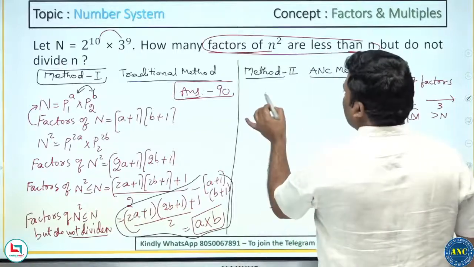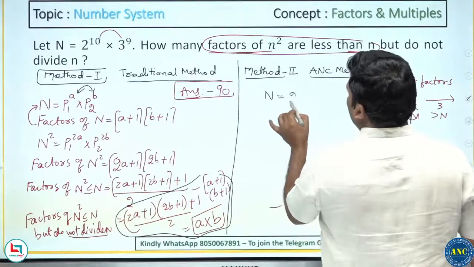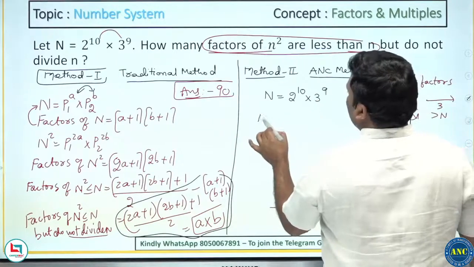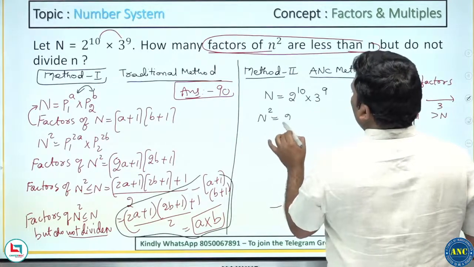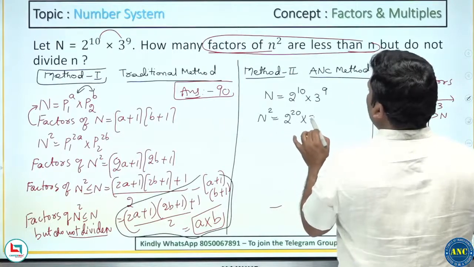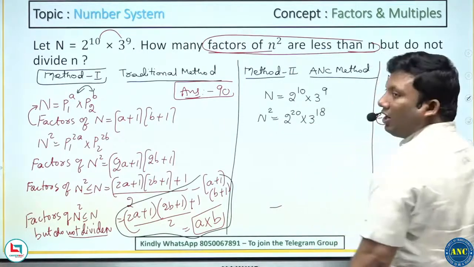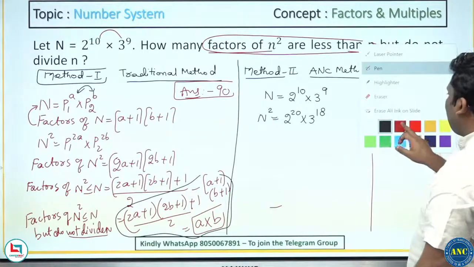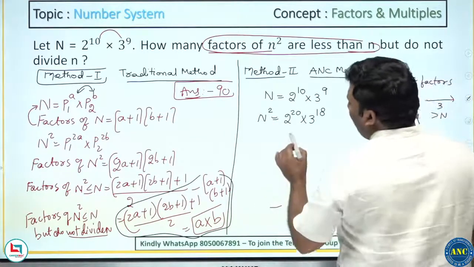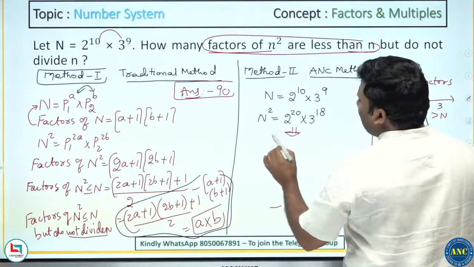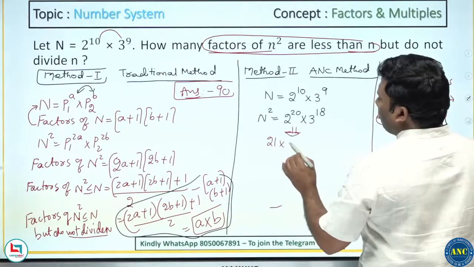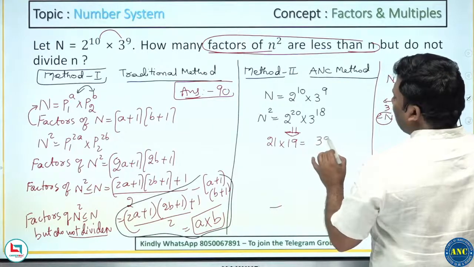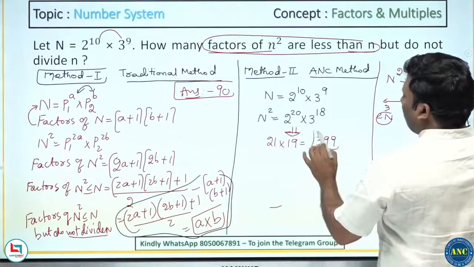Logically we will solve. See here, sir. N is 2 power 10 into 3 power 9. N square will become 2 power 20 into 3 power 18. Are you all with me? How many factors are there for this number? 0 to 20, 21. 0 to 18, 19, which is 399.